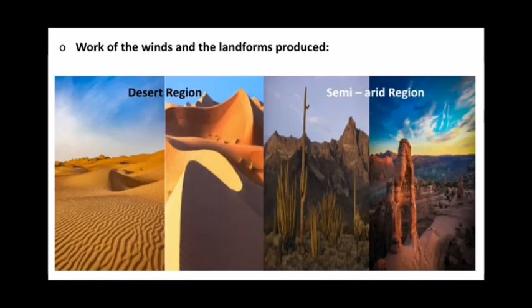The more the speed of the wind, the more material the wind can carry. As soon as the speed of the wind reduces, it deposits whatever it is carrying. It may be pebbles, sand or anything. In this way, the wind does the work of erosion, transportation and deposition.